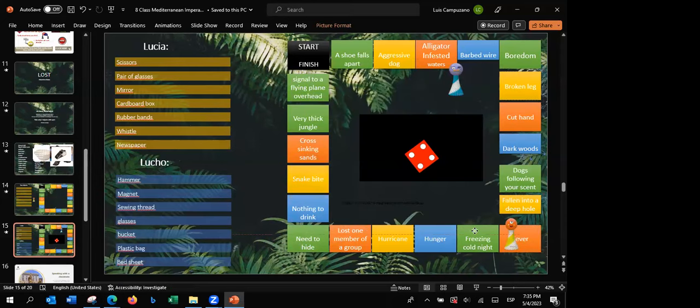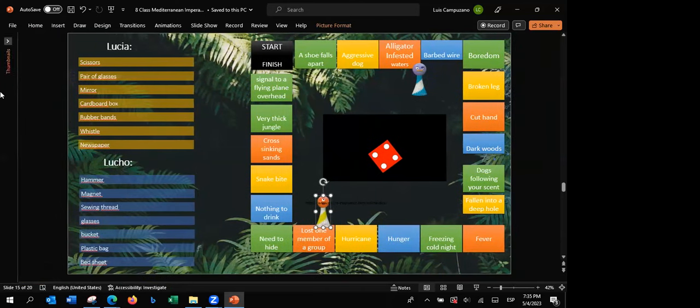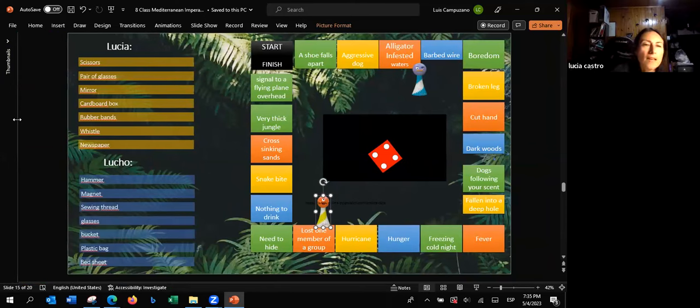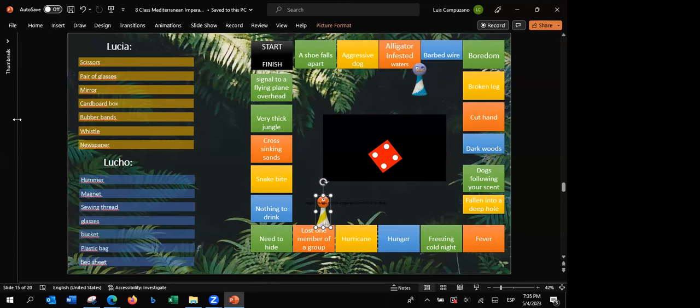4. 1, 2, 3, and 4. Oh boy, we lost a member of the group. Would you use any of your items for this group member? What can you do? Newspaper. And how would you use the newspaper with this person that died?